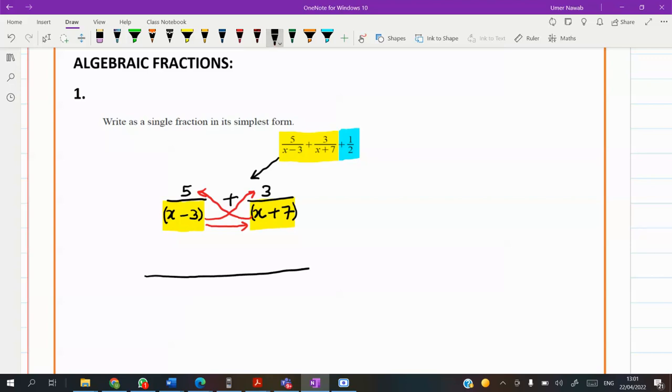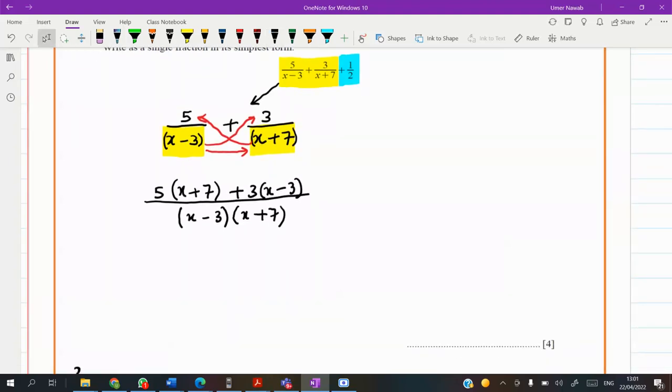Yani x minus 3 is going to multiply in the denominator with x plus 7. In the numerator, 5 multiplies with x plus 7, and plus 3 multiplies with x minus 3.